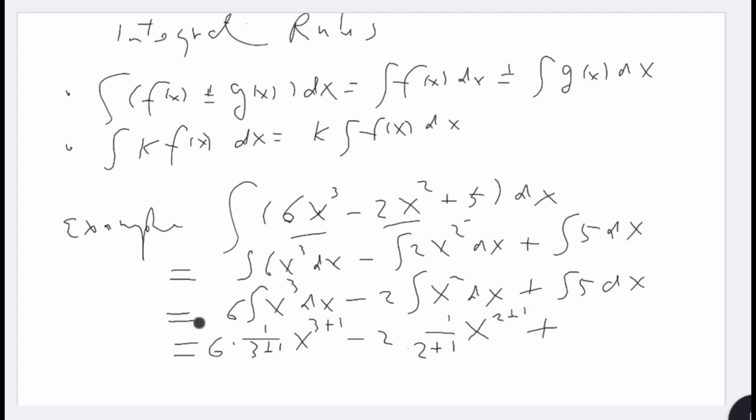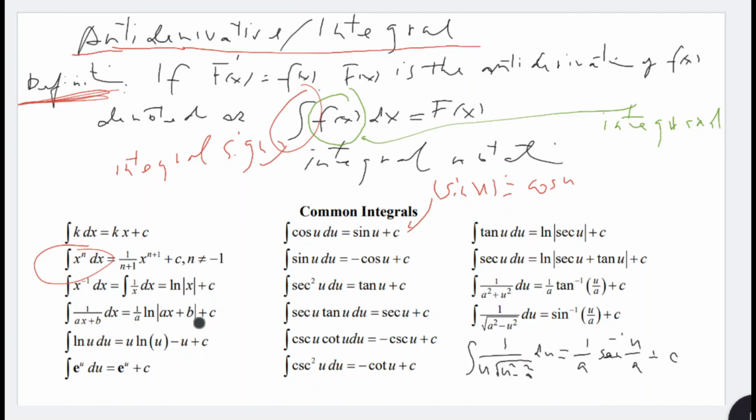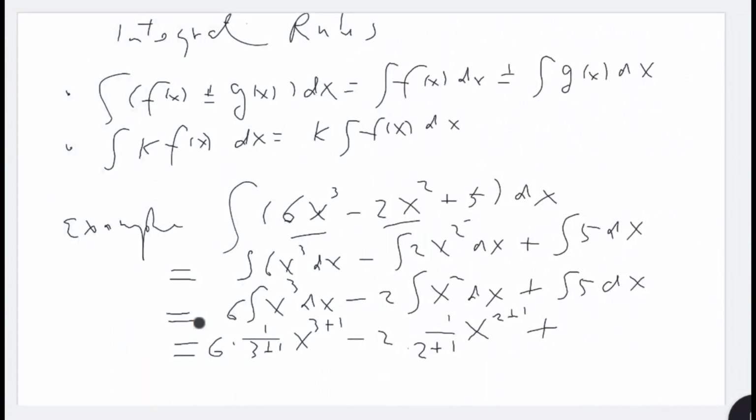And the integral of a constant is the first formula here, constant times x. So simply 5 times x, and then we have a c for all. Strictly speaking, we would have a c for each integration formula we apply, but all the c's are arbitrary constants, so we can just combine them into a single one.